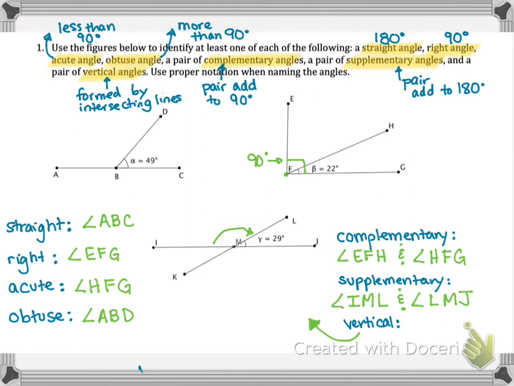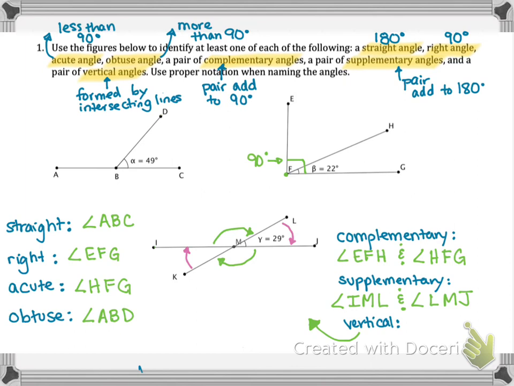This angle and the angle opposite it. That's one pair of vertical angles formed by those two lines intersecting. The other pair of vertical angles formed is right here and here. The other two opposite angles formed are considered vertical angles. So we actually have two pairs of vertical angles in this image.